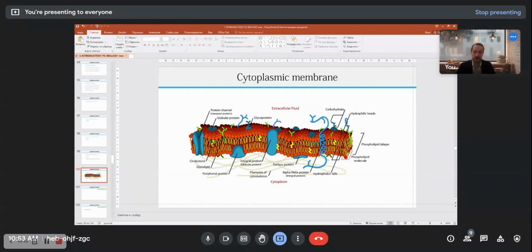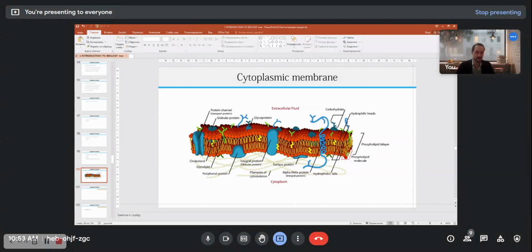In blue, proteins are highlighted, and you see that their number is not as high as the number of phospholipids. In green, carbohydrates are highlighted, and their number is even less than the number of proteins. But despite the limited number of different components, they all play a very important role.